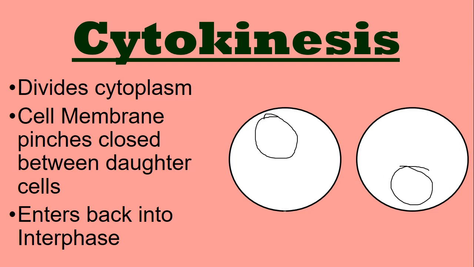And once the cells have separated in cytokinesis, they go back into interphase. It's a cycle. Each cell will go through G1, S, and G2, and then each of these cells would divide into two other cells. And that's how life keeps going on with the cell.